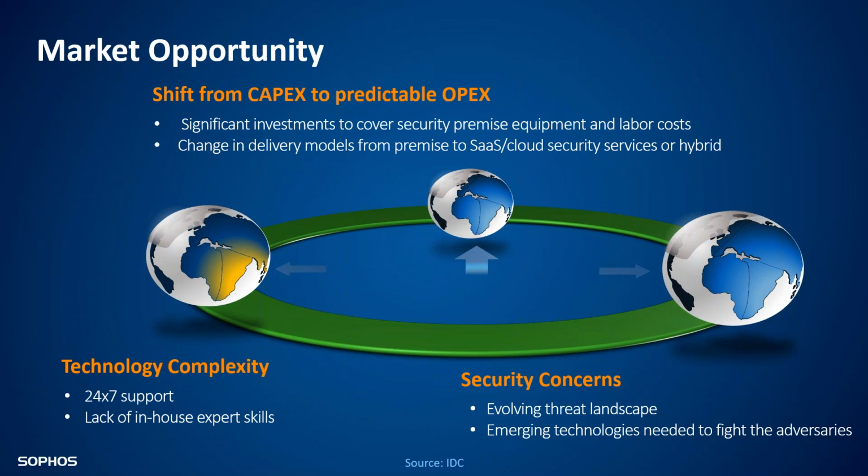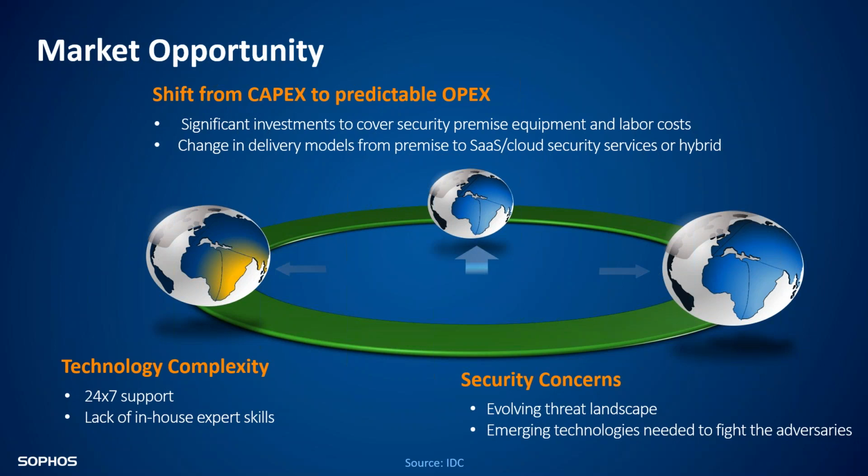However, there's been that huge shift from CapEx to predictable OpEx. And we see this huge technology complexity that's out there in the industry today, the demand for 24/7 support from your customer base, and then of course the lack of in-house expert skills. On top of that, to confuse things further, you see that evolving threat landscape, which is just throwing everyone for loops today.